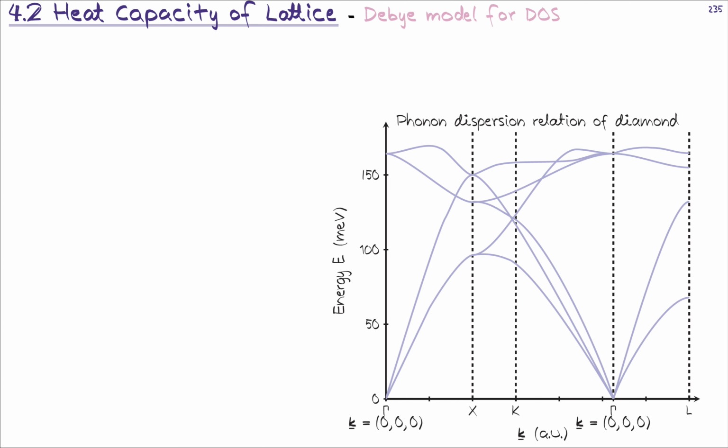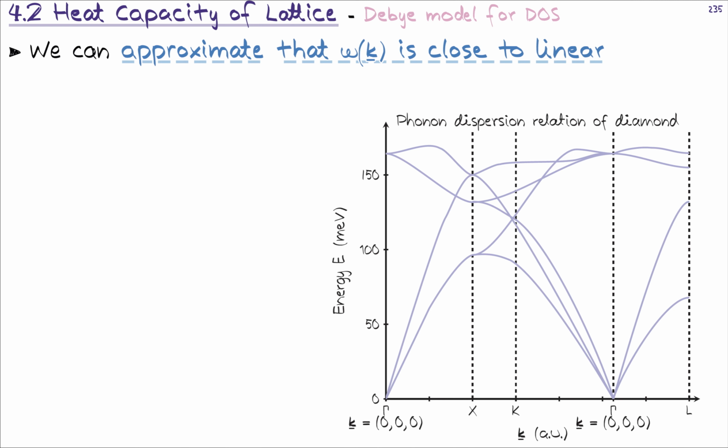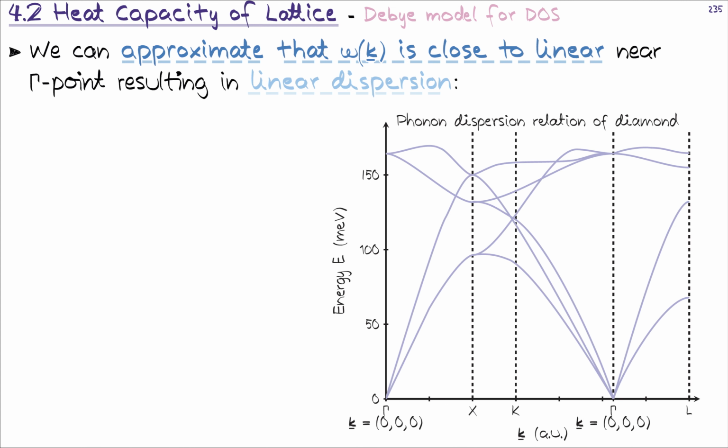As good physicists, we always simplify things, and we try to linearize things, and this is also the trick that was used in the Debye model. So now we can approximate that, as long as we are at low enough temperatures, the dispersion relation is really close to a linear function near the gamma point, and this gives us a linear dispersion.